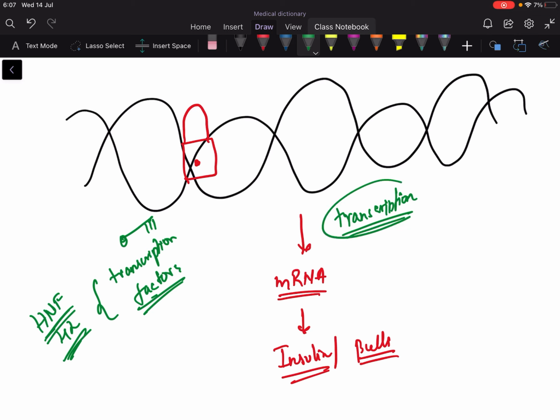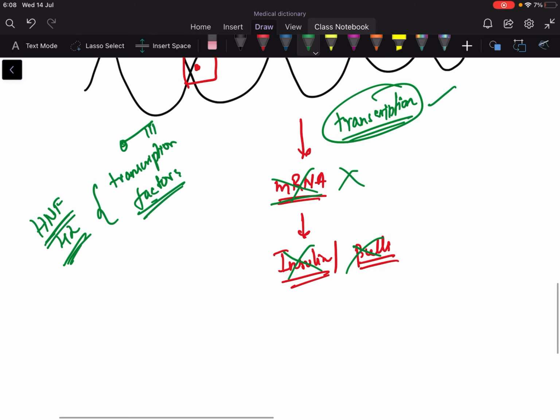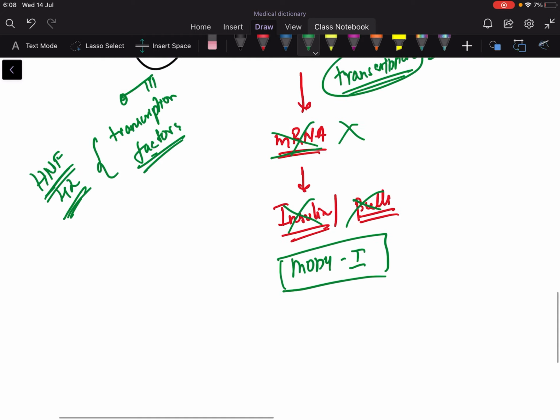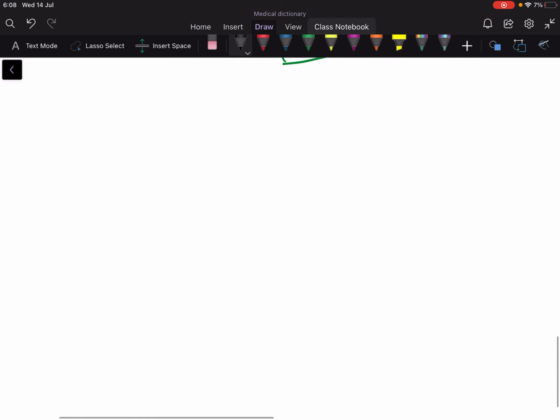If there is no transcription, mRNA is not formed, and insulin is not formed. So these people are prone to develop MODY, which is type 1 diabetes. No, not type 1 diabetes, MODY 1. So as you can see, in MODY 1 there is a defect in hepatocyte nuclear factor 4 alpha.